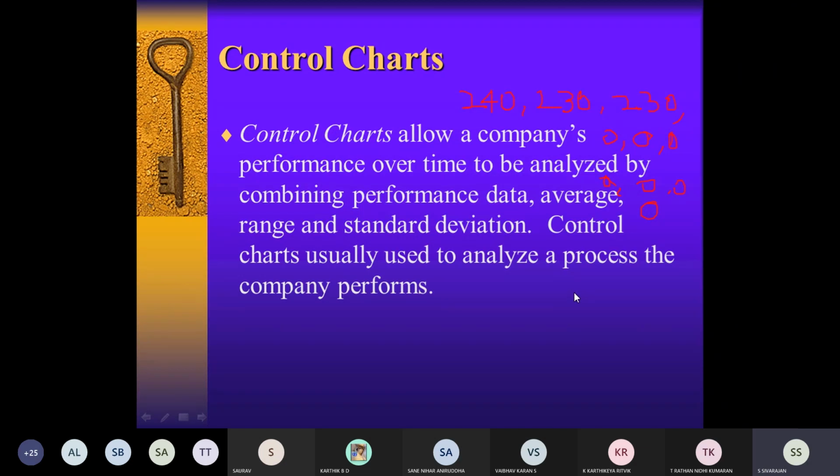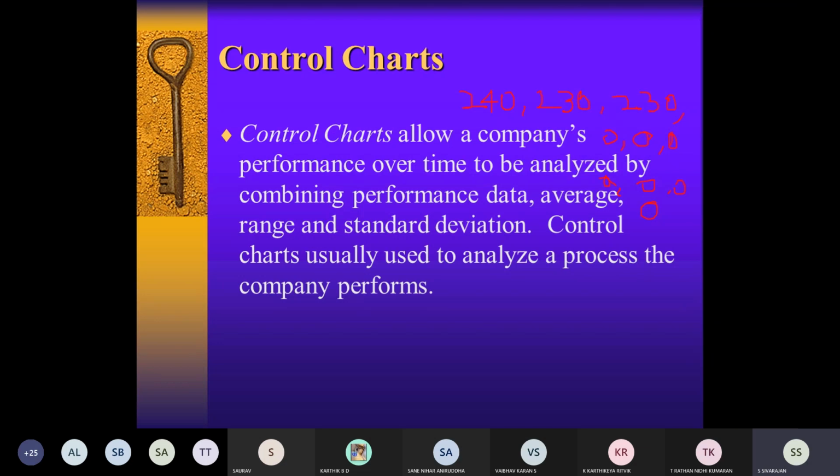Whenever we are going for statistics, there are 2 important concepts. One is called measure of central tendency, and the other is called measure of dispersion. Both have to be considered, so listen to me carefully. The first is the measure of central tendency, that is average, mean or mode.